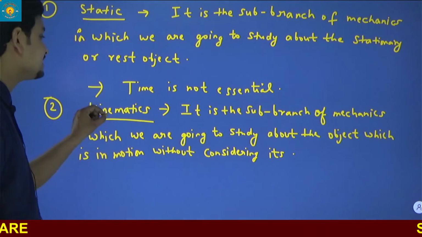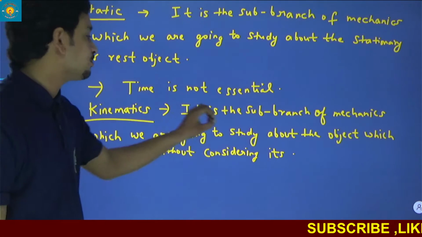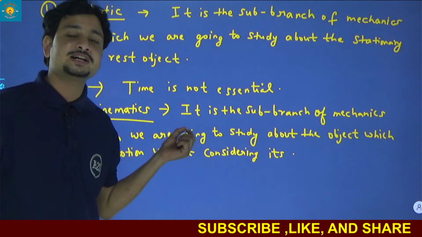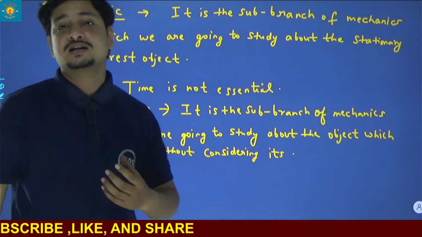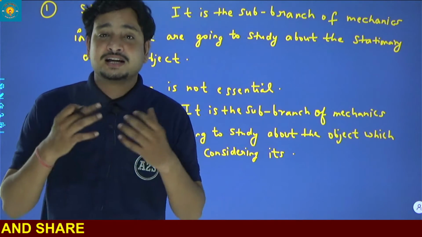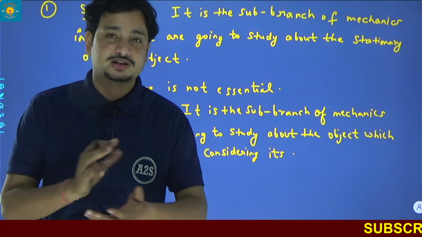What is kinematics? It is a sub branch of mechanics in which we are going to deal with the moving object without knowing about any of its cause, why it is in motion.